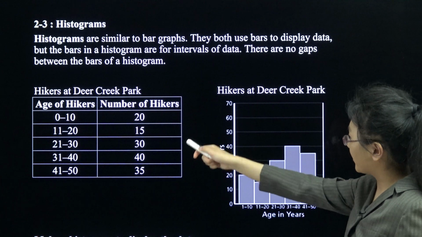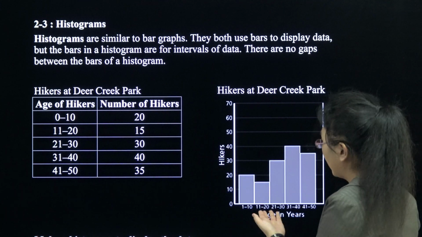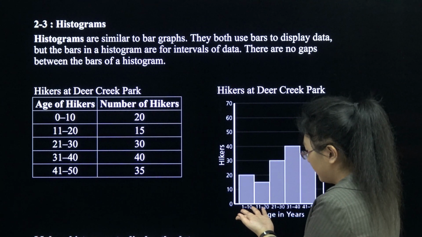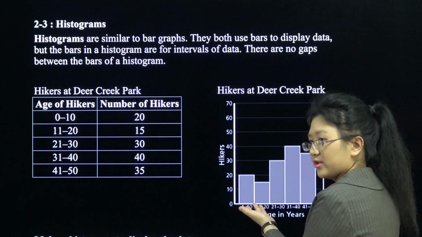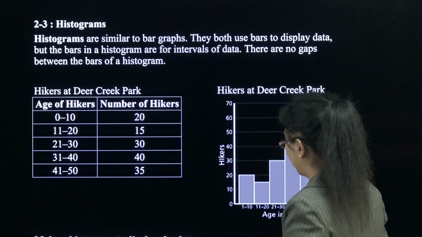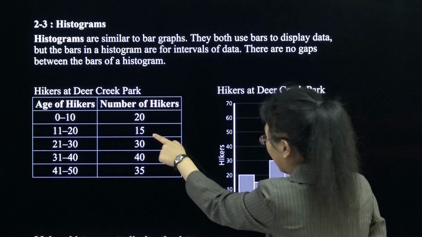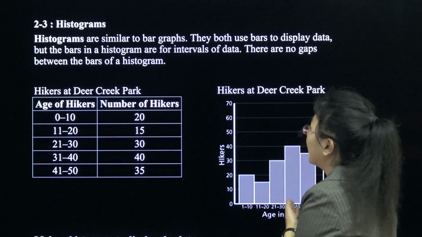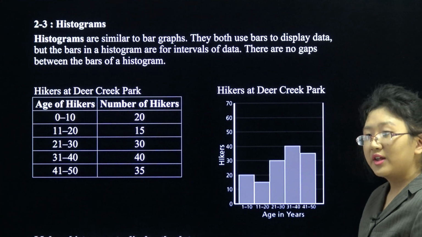Number of hikers 20, number of hikers 15, and so on. As we can see here, the bar with age 1 to 10 has 20 hikers, age 11 to 20 has 15 hikers, and so on and so on. That's how a histogram works.